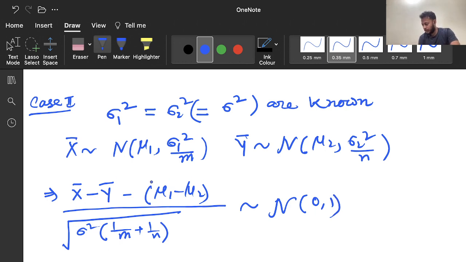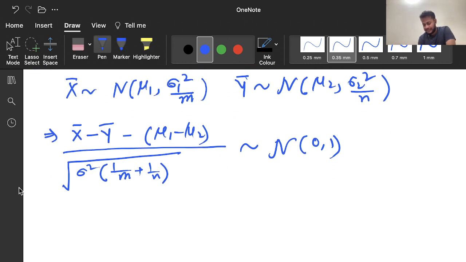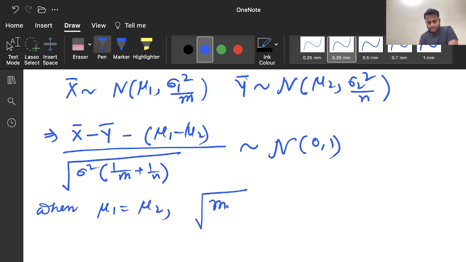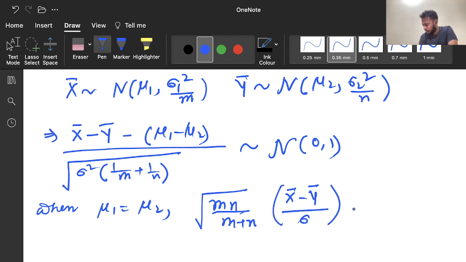So from here you can get, when mu1 equal to mu2, root over mn by m plus n times x bar minus y bar by sigma, that is a normal 0, 1.